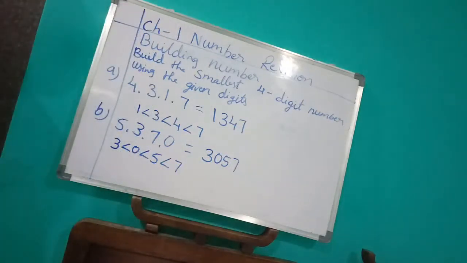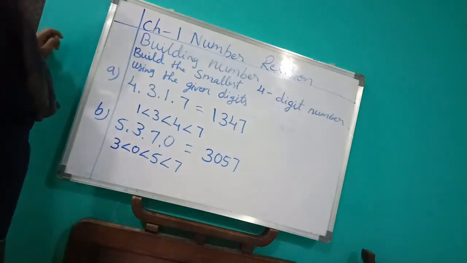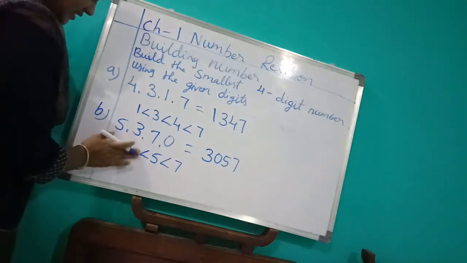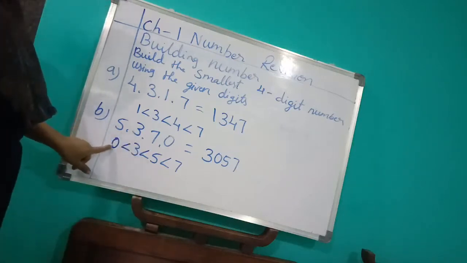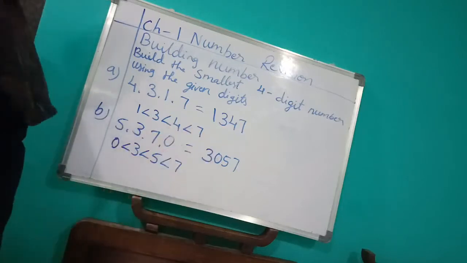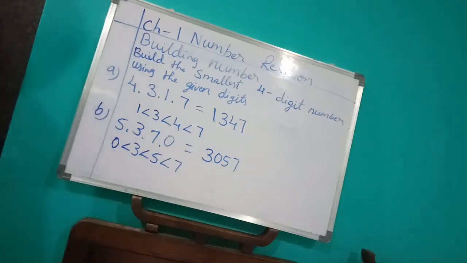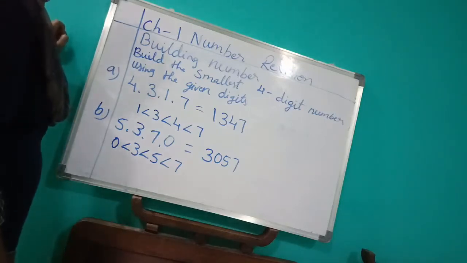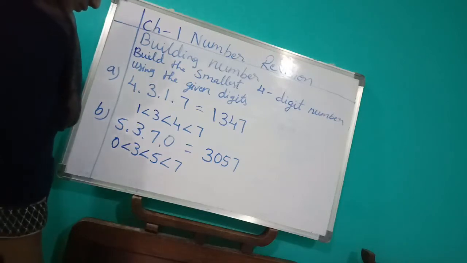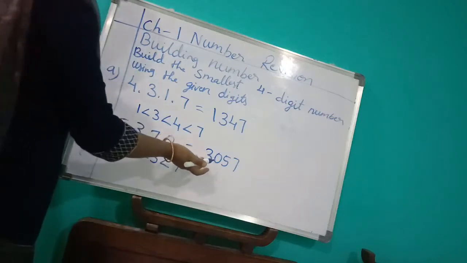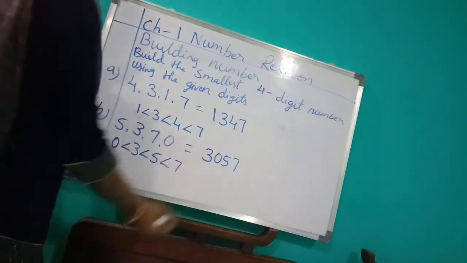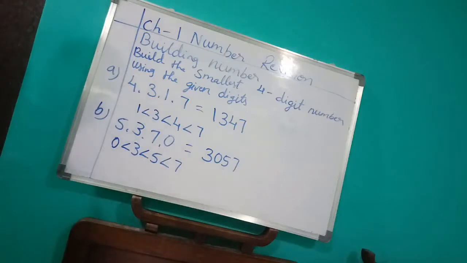Understood children? 0 is smallest, but you should use that in the second place. Don't use it first. Understood children? See which one is smallest number? 3057 is the smallest number in these digits. Okay. Next.